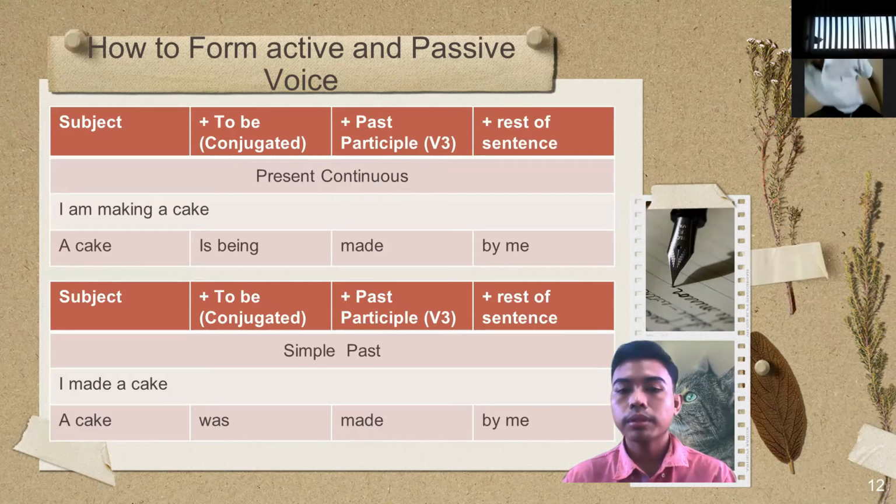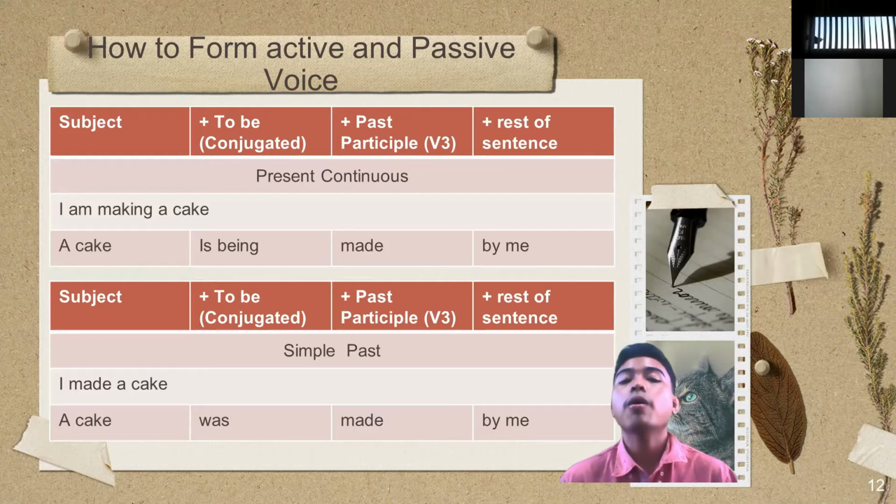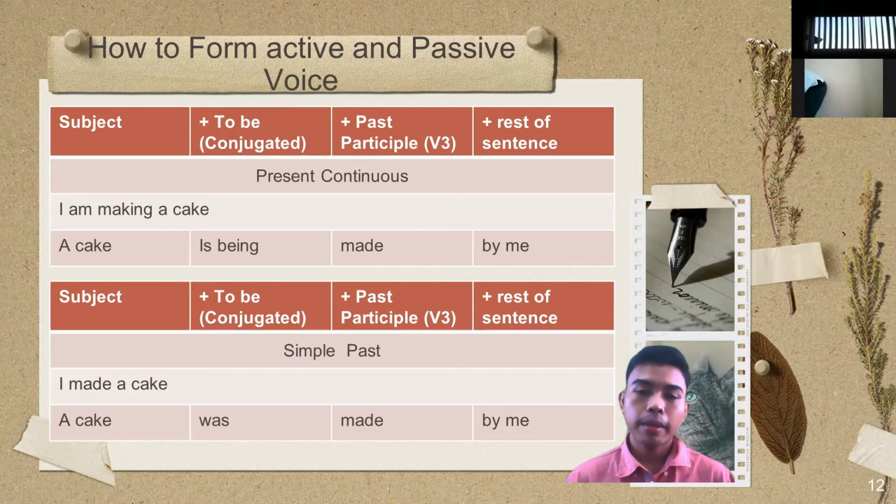The example sentence is I am making a cake. The subject is a cake, the to be is being, the verb 3 or past participle is made, and the rest of the sentence is by me.